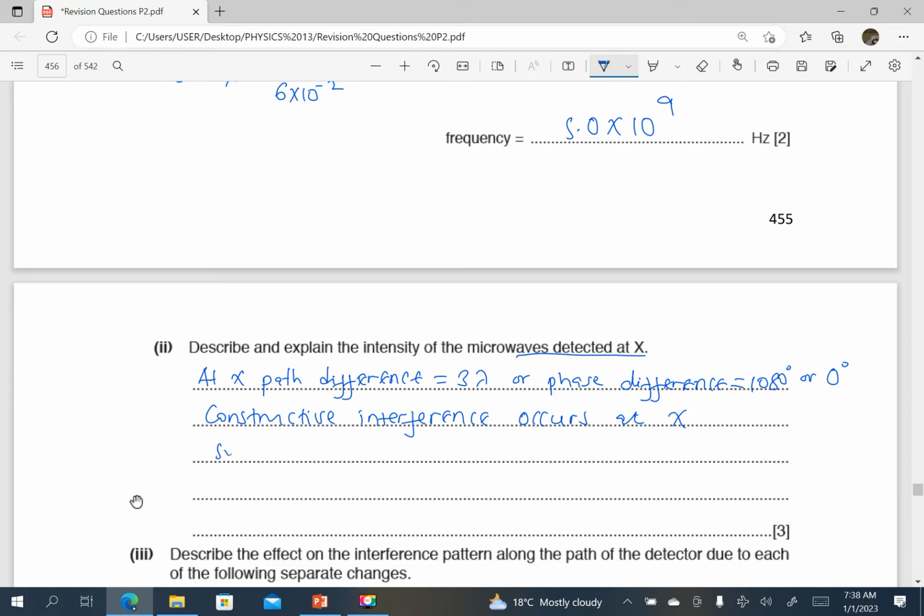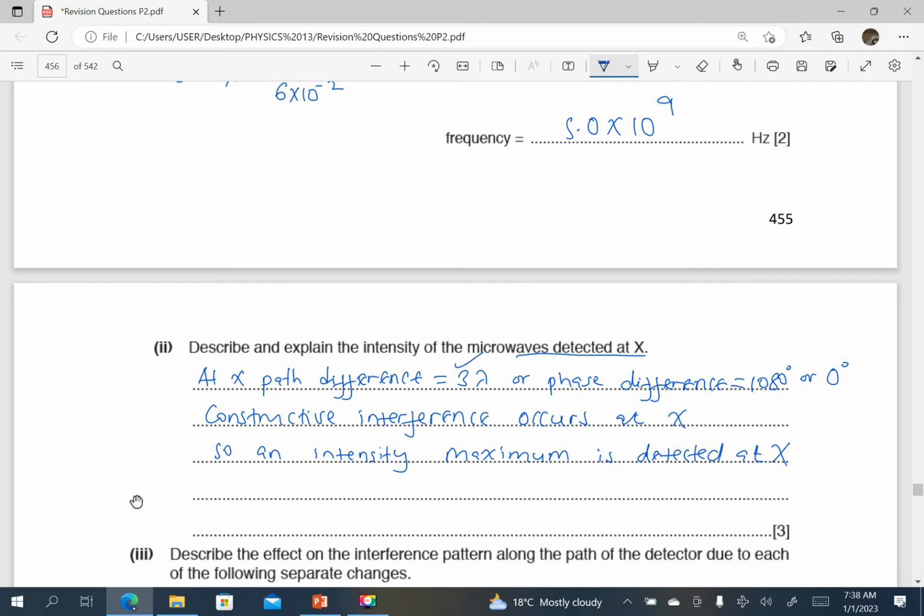So an intensity maximum is detected at X. As simple as that. At X, the path difference is 3 lambda.